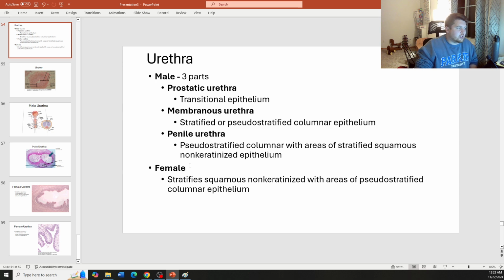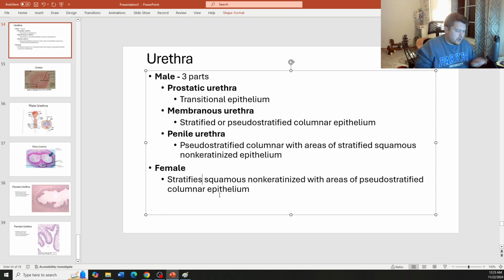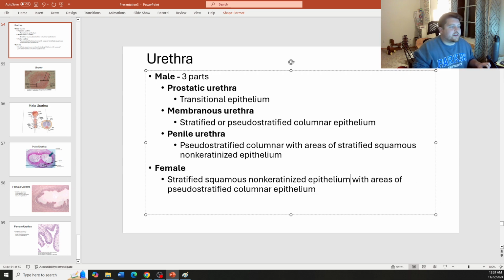The female is much more straightforward, I should say, where they just have stratified squamous non-keratinized epithelium with some areas of pseudostratified columnar epithelium.